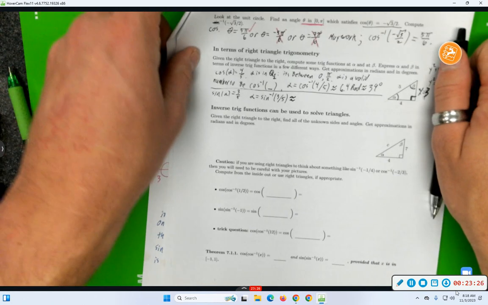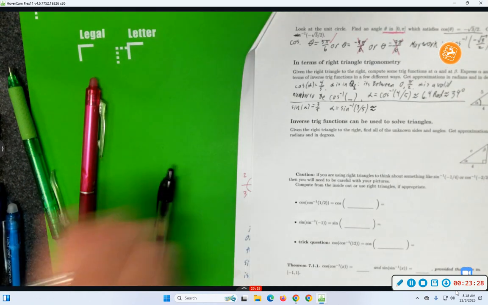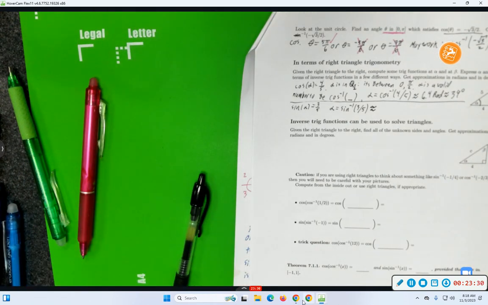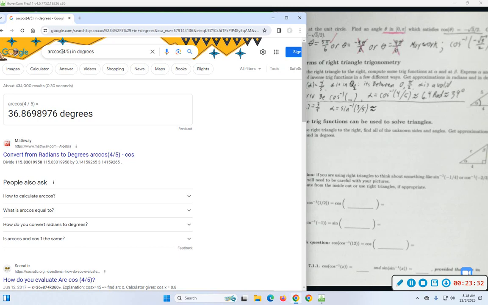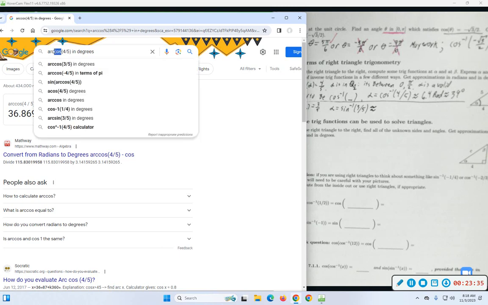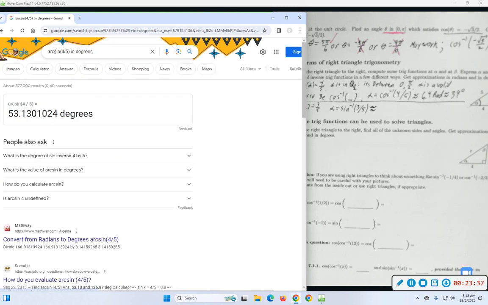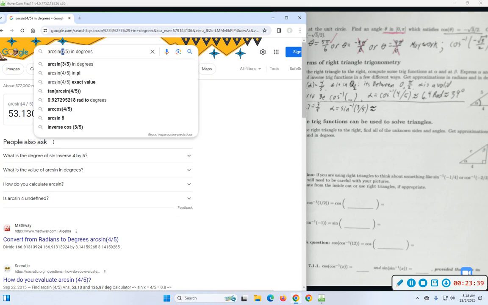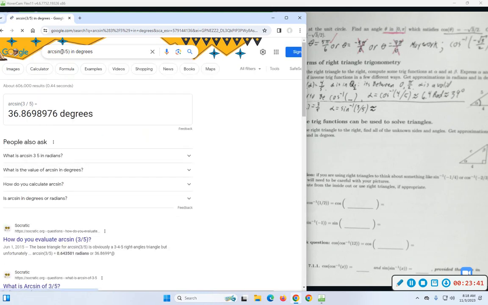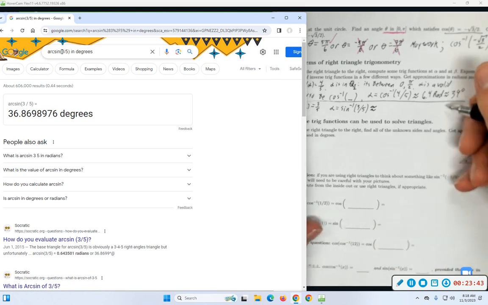Let's pull back up that computer. Arc sine of 3/5. I'm only doing degrees first so I don't have to backspace as many times.